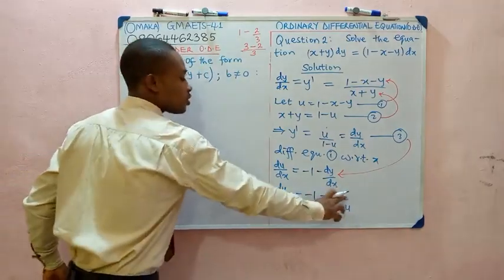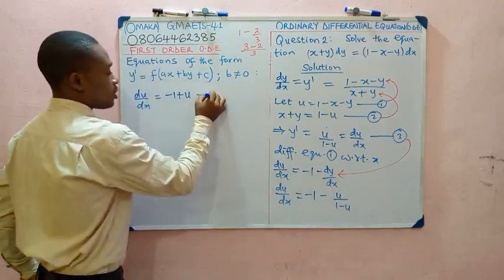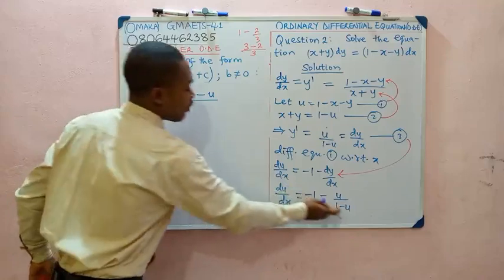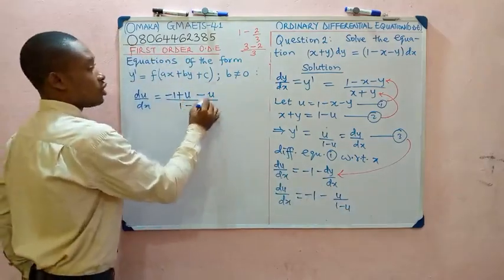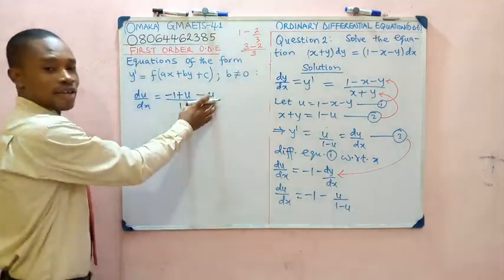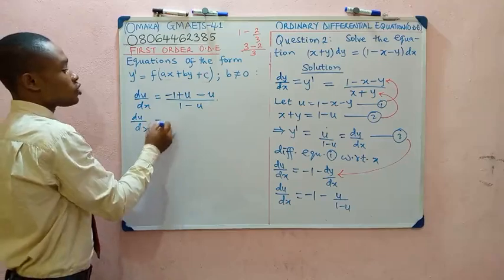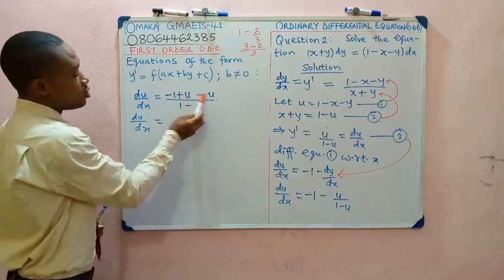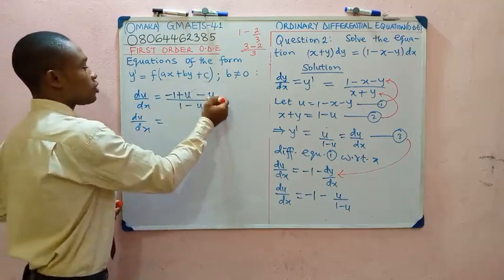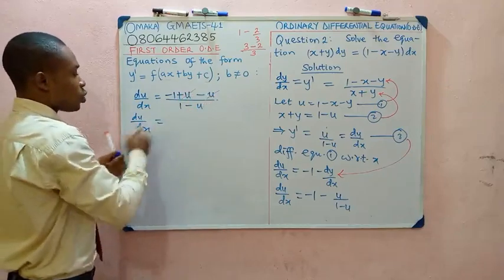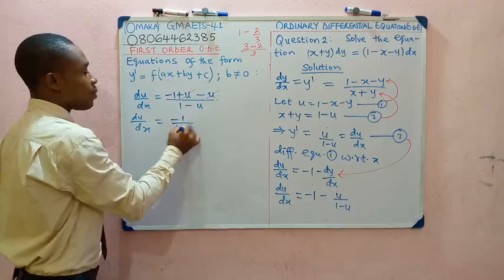It's going to be minus this numerator now. So minus this numerator, everything divided by the denominator. So use this as a guide. Is that okay? Therefore, du over dx is now equal to this plus u and minus u will give us 0. So they cancel out. So we are left with minus 1 over 1 minus u.